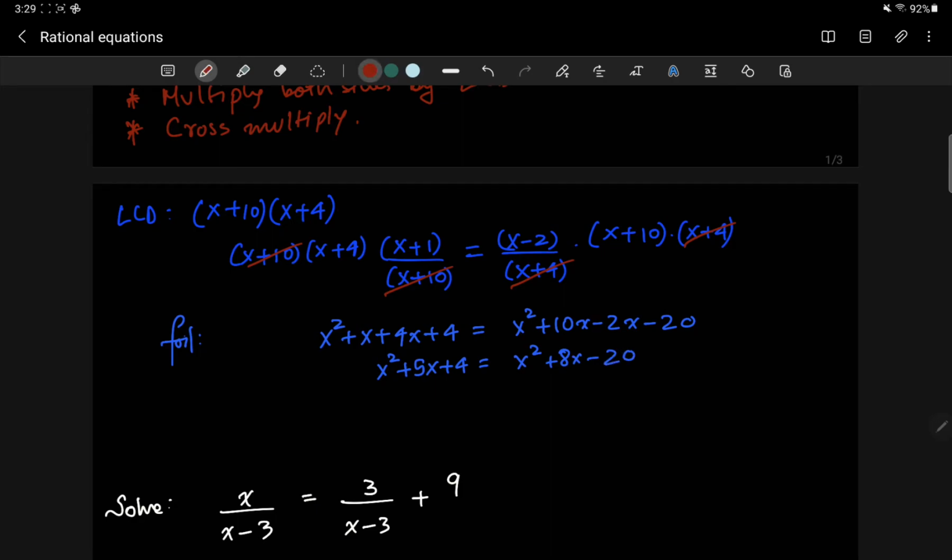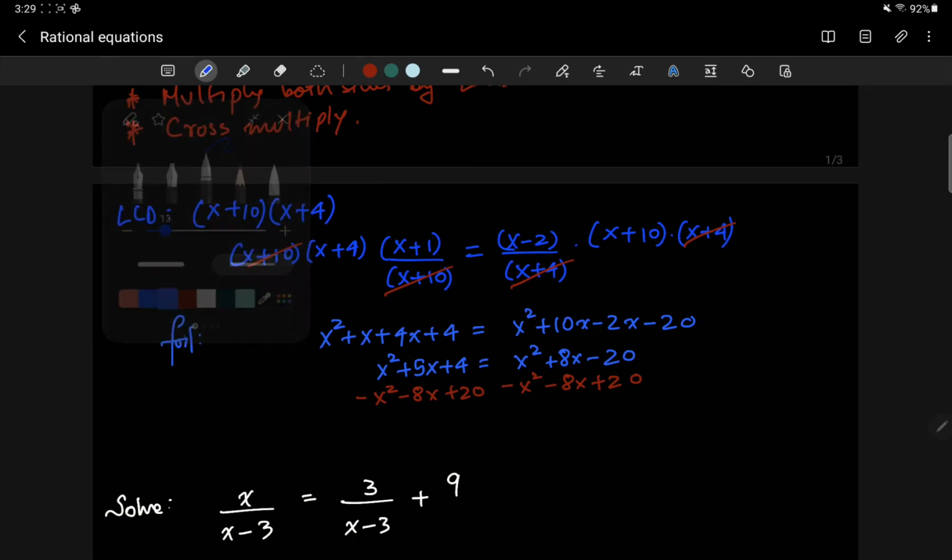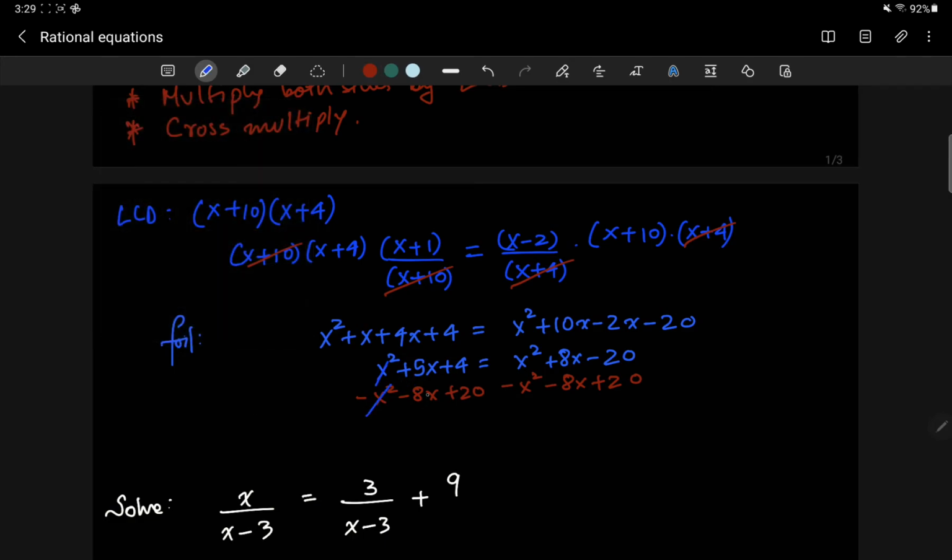Now we collect everything on one side, so I subtract x squared and 8x and add 20 on both sides. When I do that, the x squared terms get cancelled. 5x minus 8x is negative 3x plus 24 equals 0, which means 3x equals 24 or x equals 8.